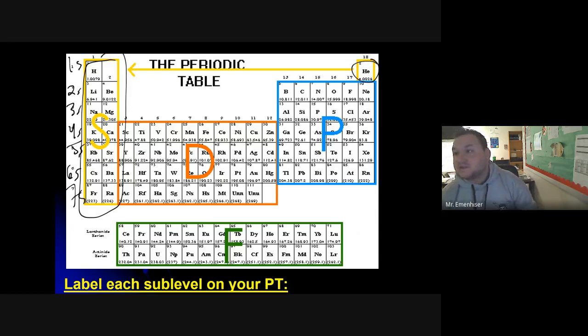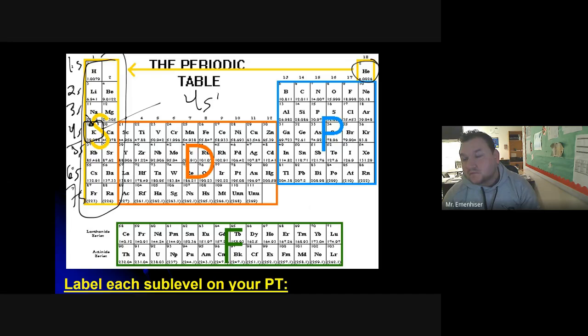So if the element is in that position, let's say potassium here, potassium is on the 4th row, so we can say, okay, 4s. And we say S because it's in that S block. So we know that the valence electrons, or the outermost shell of that atom, will be the 4s. And it's got 1 electron in there because it's the first element on that 4th row. And so we call it 4s1.